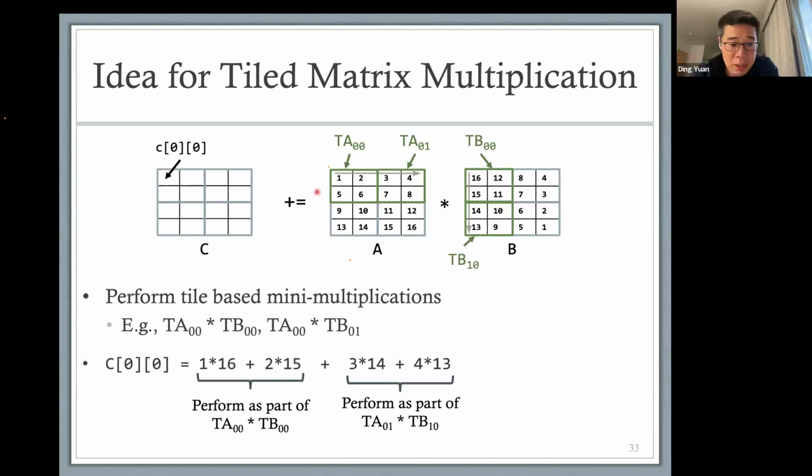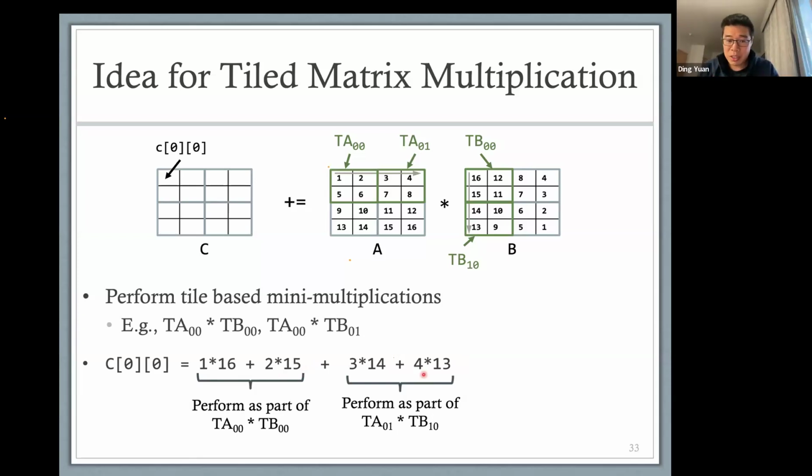Let's take a more concrete example. C00 equals 1 times 15, 2 times 15, 3 times 14, 4 times 13. This is this row and this column. Essentially, these four products, we add them together.